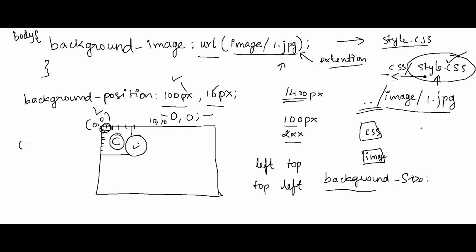One is contain, next one is cover, and next one is auto. Contain means the image which you have linked here will be shown as per the image size.